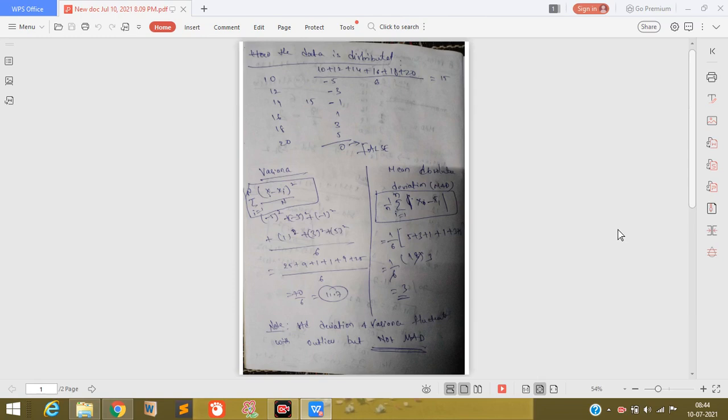And when you say mean absolute deviation, the MAD concept is that you take the absolute value of the distance of each data point from the mean, sum them, and divide by the total number of data points in the series, which is 18 divided by 6. The value is 3.